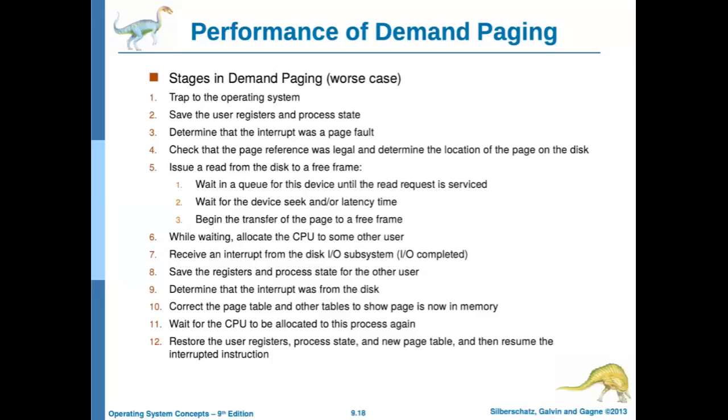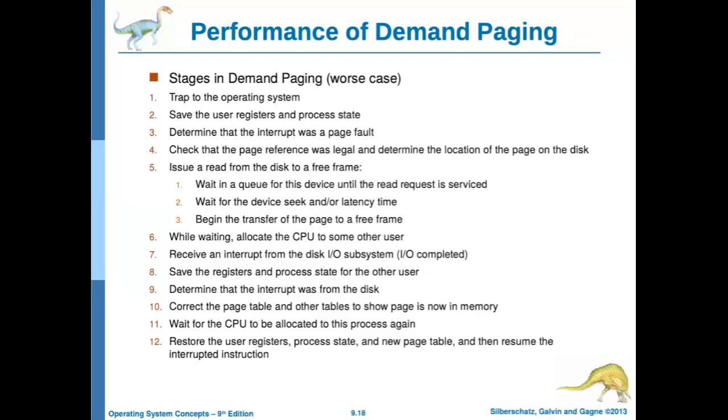I need to wait for the scheduler so that my process will be scheduled. Once my process is scheduled, we restore the user registers and process state with the new page table and resume the interrupted instruction. So even though we simply say page fault, these many stages are there in the worst case.